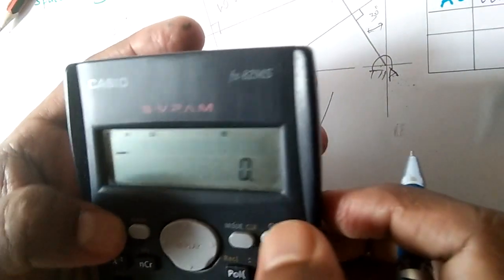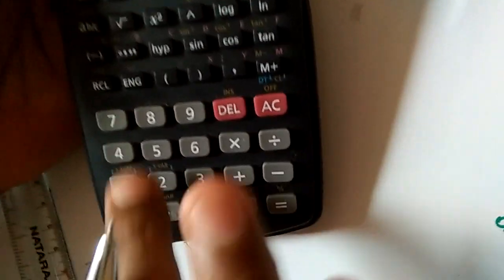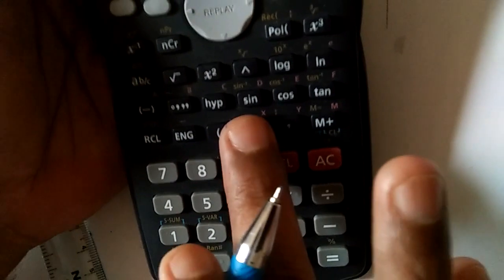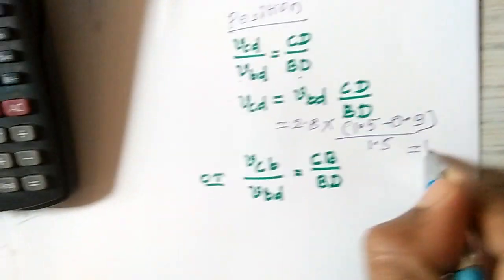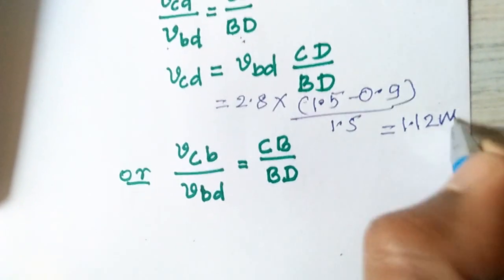You go for the calculation. It comes as 2.8 into (1.5 minus 0.9) divided by 1.5. It comes as 1.12 meters per second.